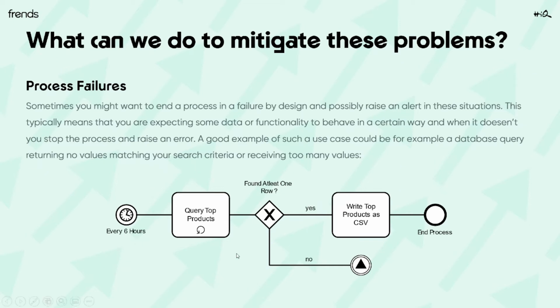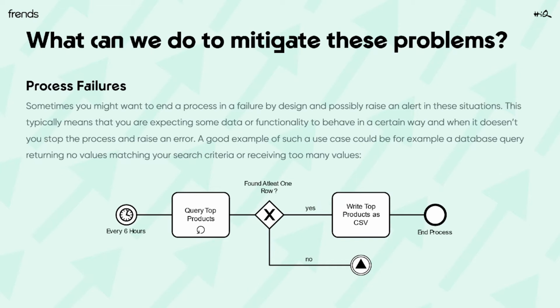And a good example of this might be, let's say, an SQL query, where we might be querying the top latest products or the top sellers from an SQL database. And of course, now, if we think about the SQL query task or connector in Frends, it's completely possible that no rows are actually returned as the result of my SQL query.